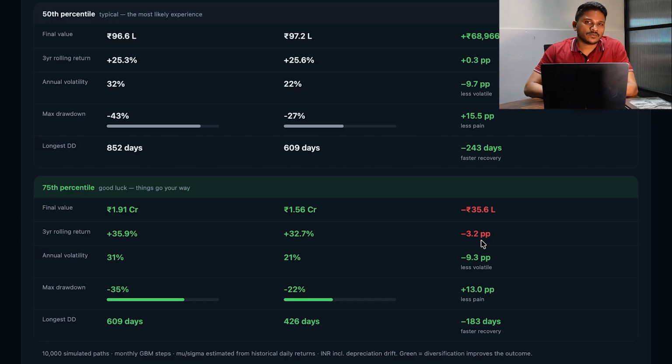So this is how you can actually compare your own RSU stock or ESOP stock with an index, an Indian index and also the US index. Compare it in two different scenarios, the historical basis and also the forward-looking basis.